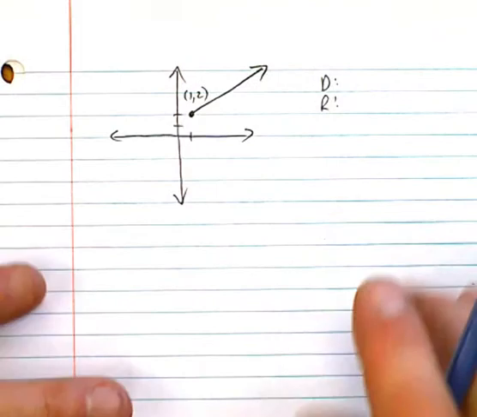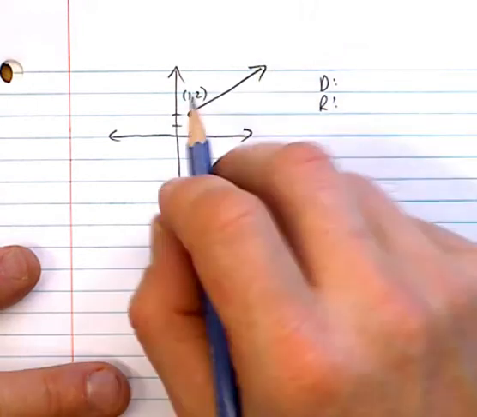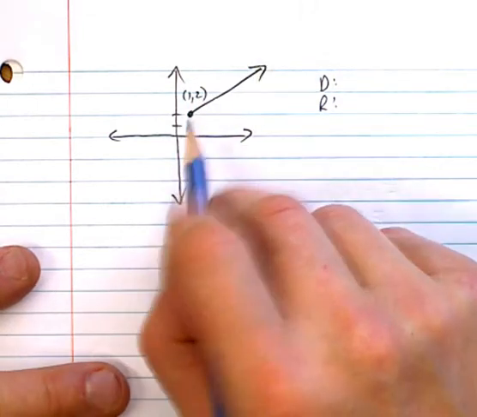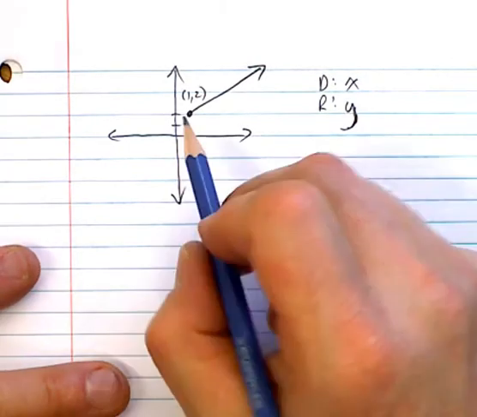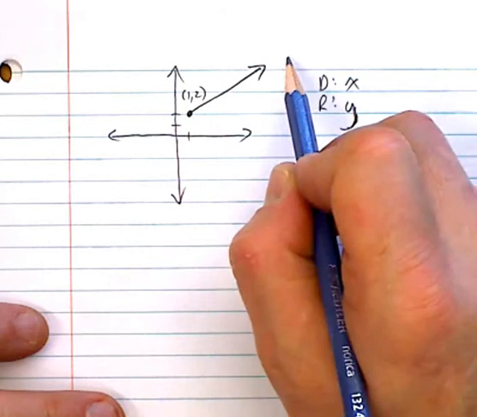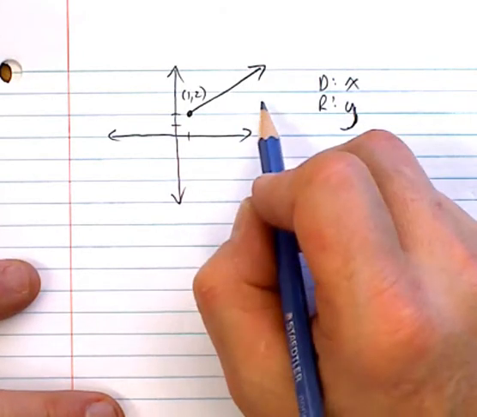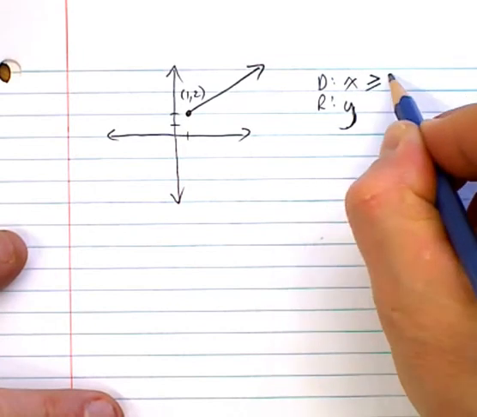What we do is we look at our starting point. This has a point here and it's going forever in that direction. So my domain is my x value and my range is my y. The domain starts at 1 and then it goes forever that way, right? It goes forever to the right. So all numbers bigger than 1. So we say x is greater than or equal to 1.